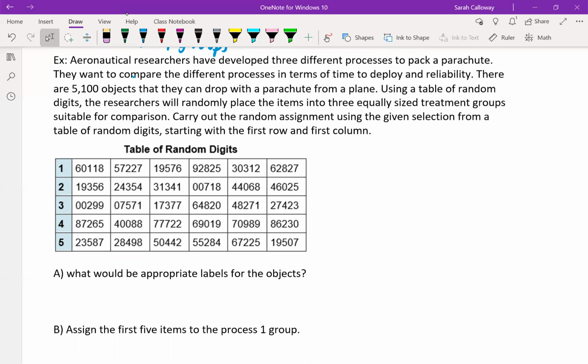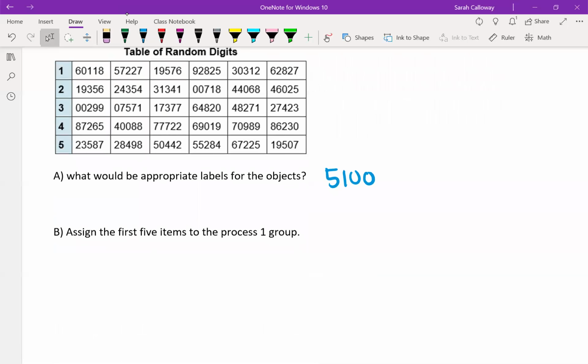So the first question here is, what would be appropriate labels for the objects? So if I have 5,100 objects, remember that there's essentially 2 ways we can do this. One way is we start at 0000 and end at 1 less than what we have, so from 0000 to 5099.